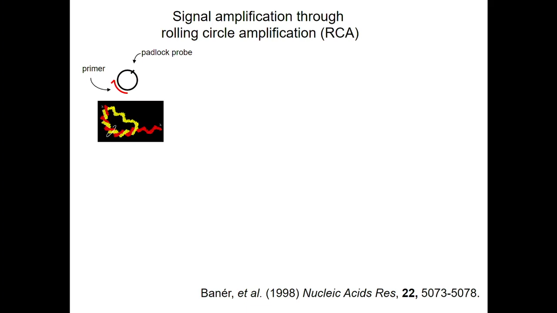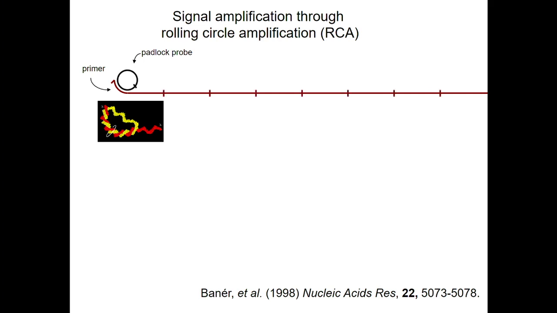So the circles we can then make visible and detectable by rolling circle amplification. If you have these short DNA circles in your sample, you can add a DNA primer and a good DNA polymerase. We're using phi29 polymerase and initiate a DNA polymerization.